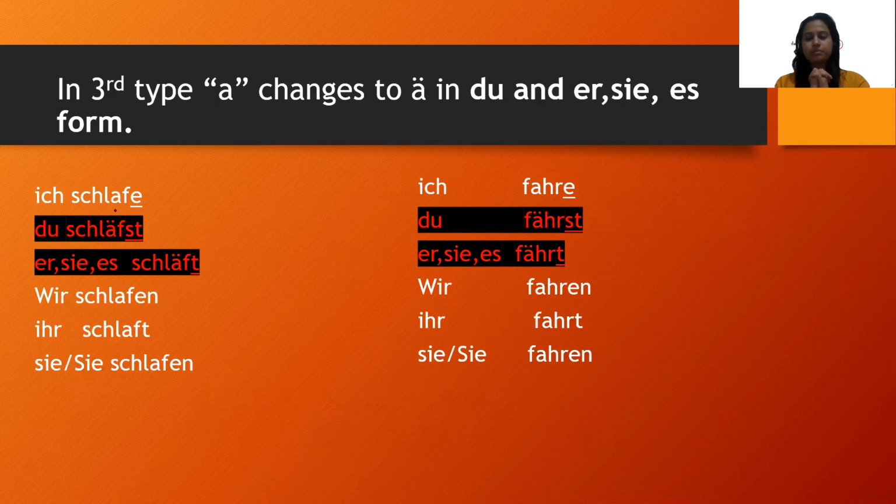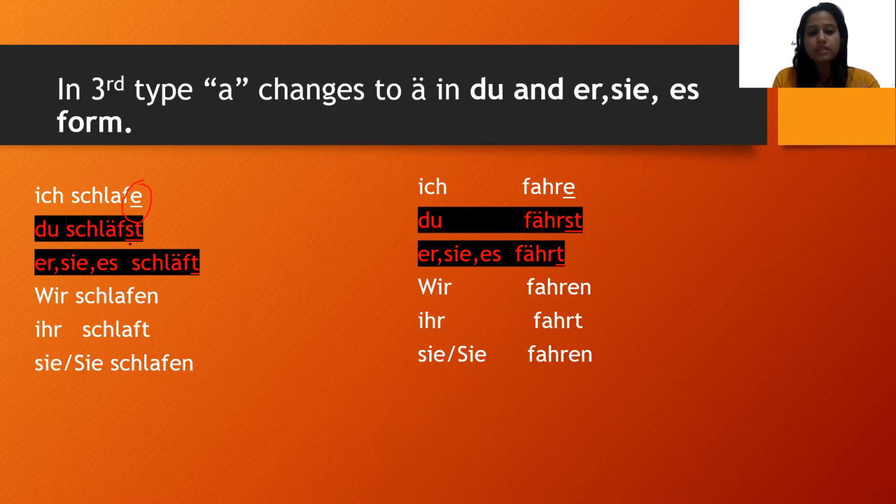So the original verb is schlafen. What happens is you remove the en and you just add e over here, and then du becomes schläfst. Because you are adding an umlaut, the pronunciation will change. Not schlafst, but schläfst.